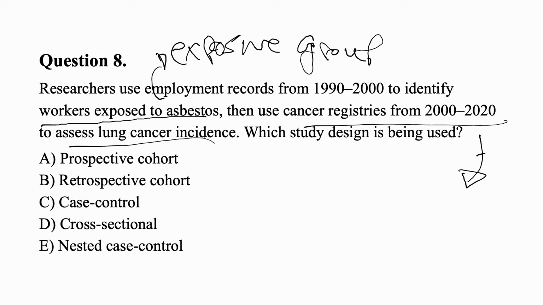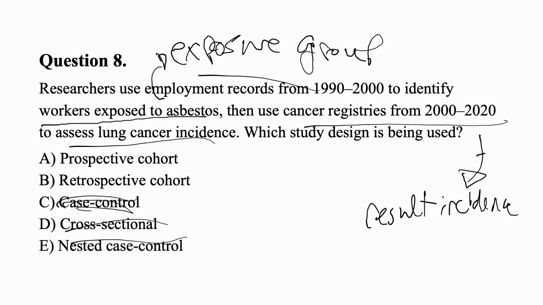So this would be our result, incidence. So because we're starting off with exposure, we know it has to be a type of cohort study. And because we already know the results based on the cancer registries, we can say that this is a retrospective cohort, rather than a prospective cohort where we would identify these workers and then follow them through time.